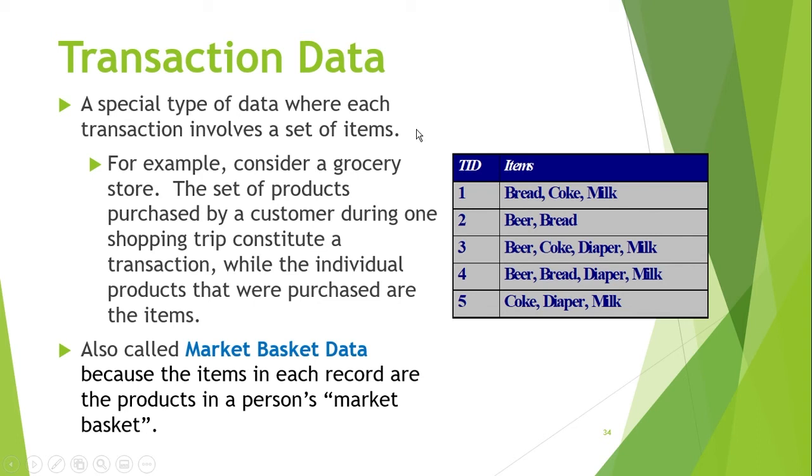Please see the illustration here. Transaction data, also called market basket data, because the items in each record are the products in a person's market basket. So please take note, pag transaction data, it means one transaction equals one record.